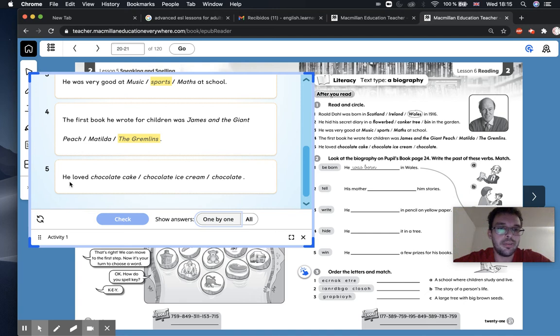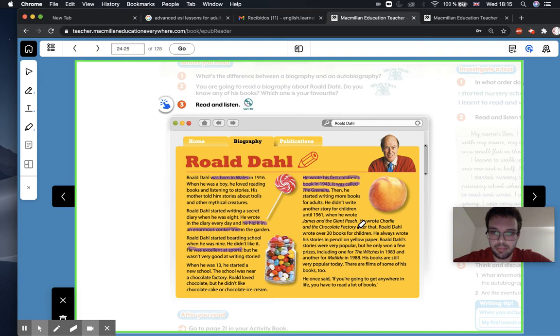And number 5 says he loved chocolate cake, chocolate ice cream, or just chocolate. Let's look in the text. It says here, or we have to go back, tenemos que volver un poquito. It says, he didn't like chocolate cake or chocolate ice cream.